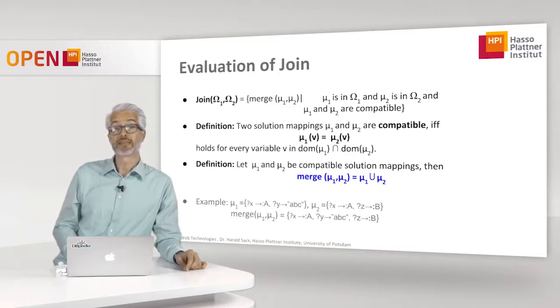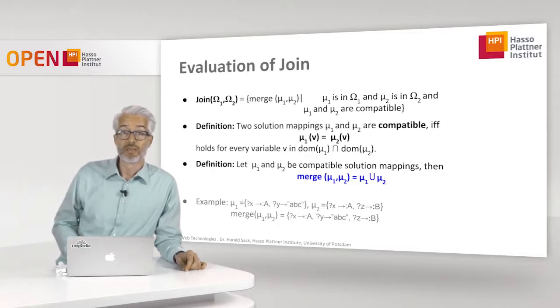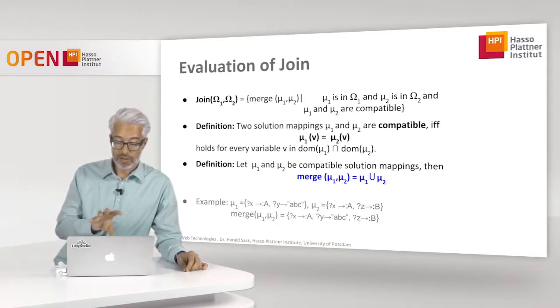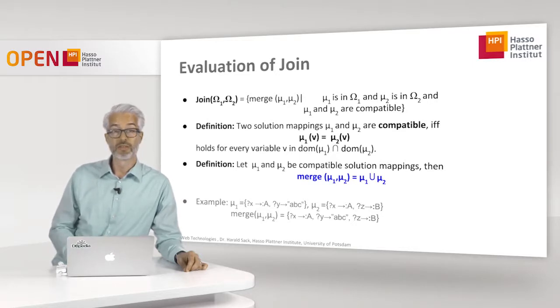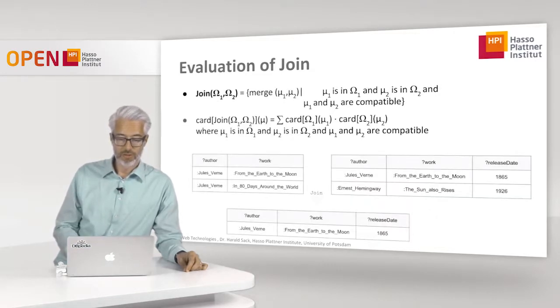Then I take the rest of mapping 1, variable y mapped to ABC, and the rest of mapping 2, variable z mapped to b. This is nothing else than the union of both. And here I have performed a join operation, a conjunctive join. So you see the join operation is not too complicated.